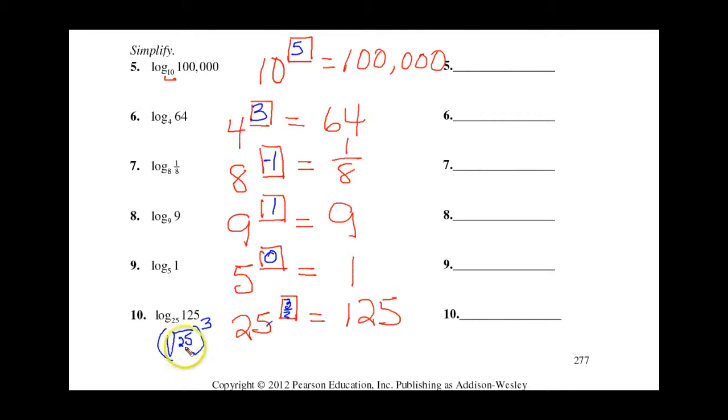So our index number goes there. Our numerator, which is the exponent, goes there. And the square root of 25 is 5. And then 5 to the third power is 125. Okay, again, filling in your booklets and knowing these and keeping them as a model will help with mastery.